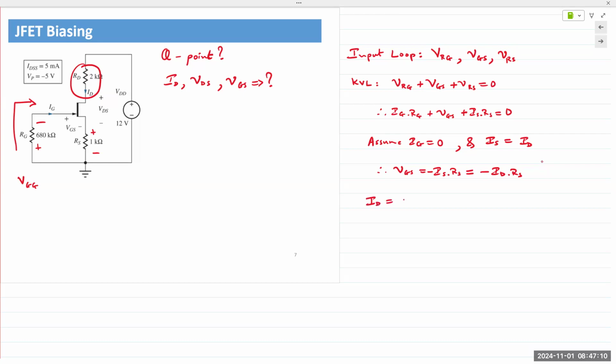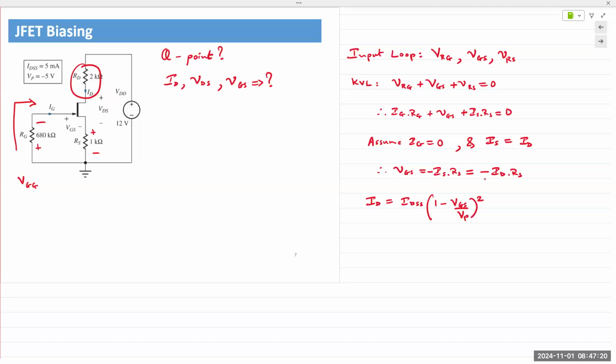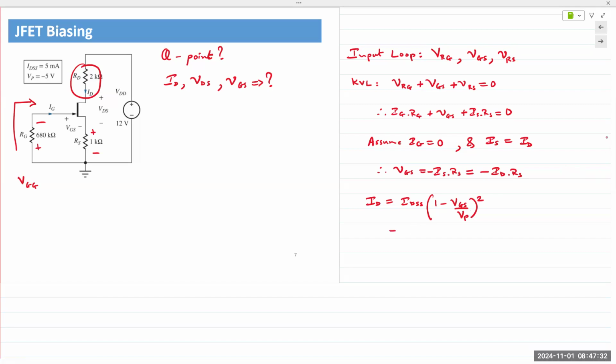ID is given by IDSS times (1 minus VGS over VP) squared. And we are given the values for IDSS and VP. We plug those values in, and IDSS is 5 milliamps, so it's 0.005.